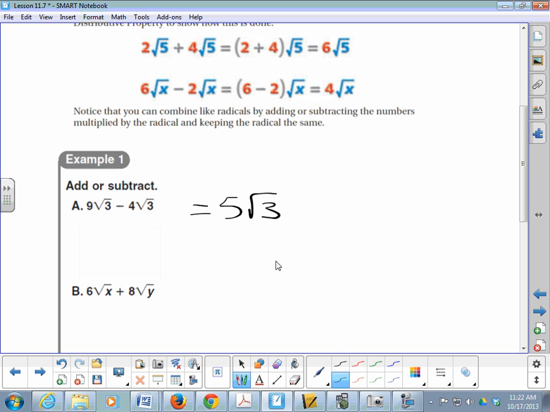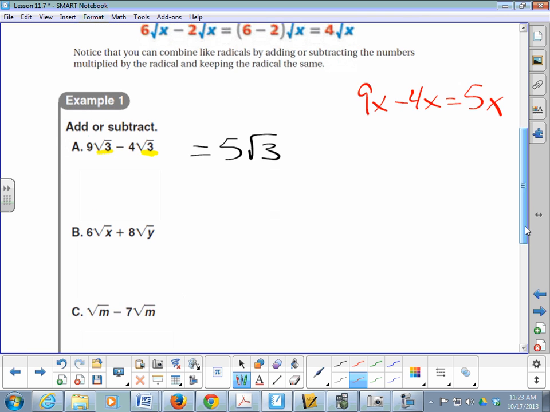Since these two things are the same, I can combine the coefficients, the numbers in front. And it doesn't go away. There's still a square root of 3 there. This is just like if it said 9x minus 4x, you would say 5x. Same thing.